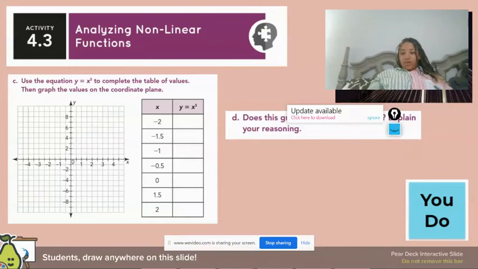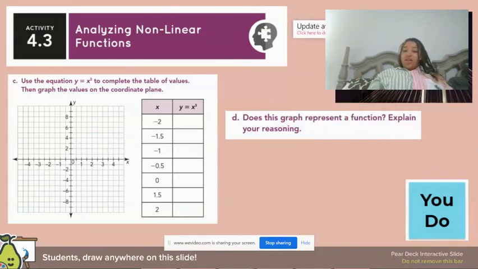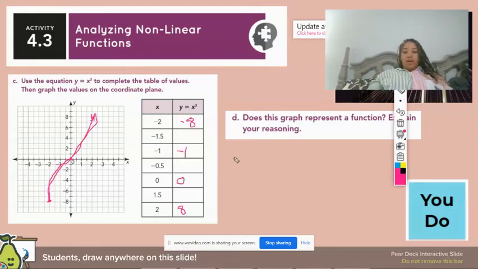Let me close this. Does the graph represent a function? Explain. Yes, this would represent a function because your x values are not going to be repeating. Yes, because your x values do not repeat.